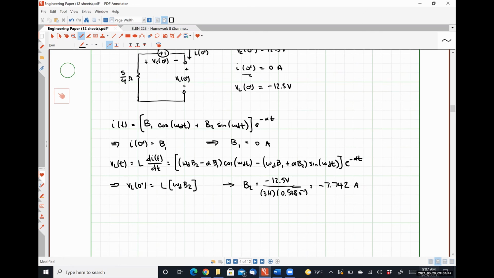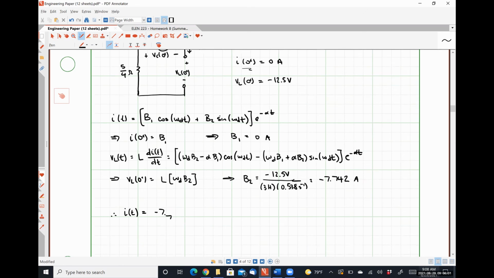From this, I of t is going to be equal to negative 7.742 sine omega d, which is 0.577 t, e to the negative 0.208 t.